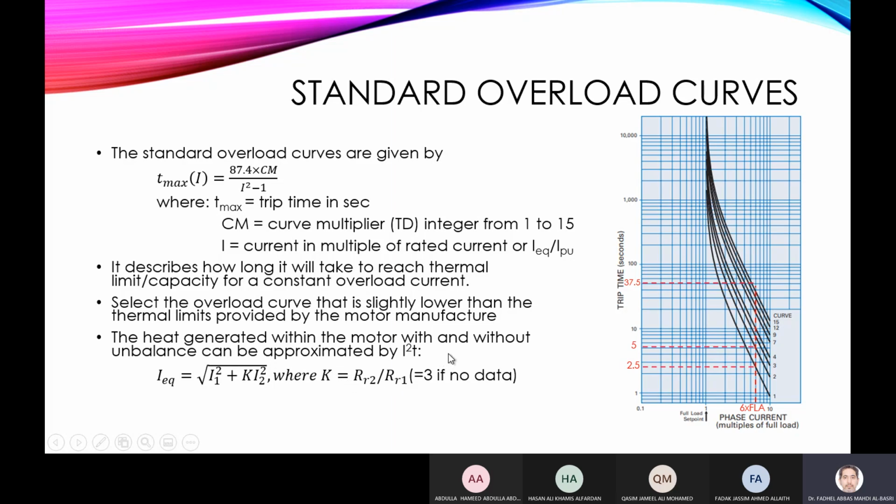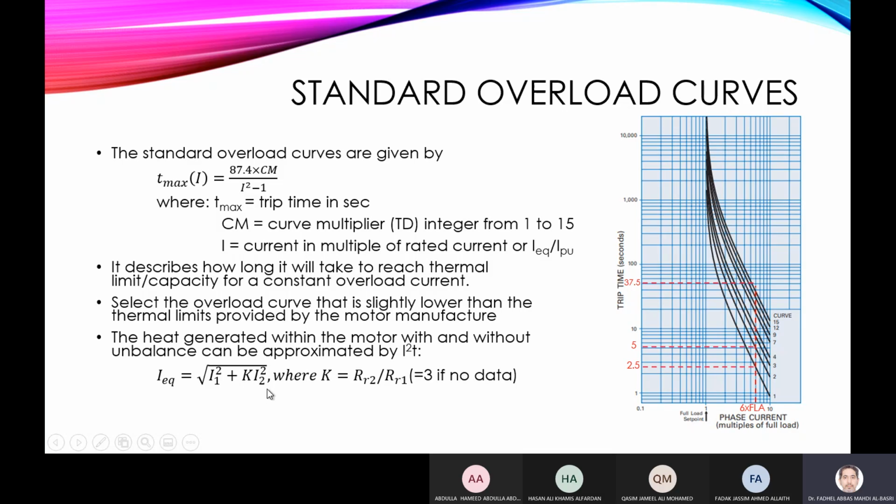It's like 175 divided by the locked rotor current squared. So why do they use I equivalent rather than the actual current? In order to take the negative sequence current due to imbalance into consideration, because negative sequence also will increase the heating in the rotor, okay?